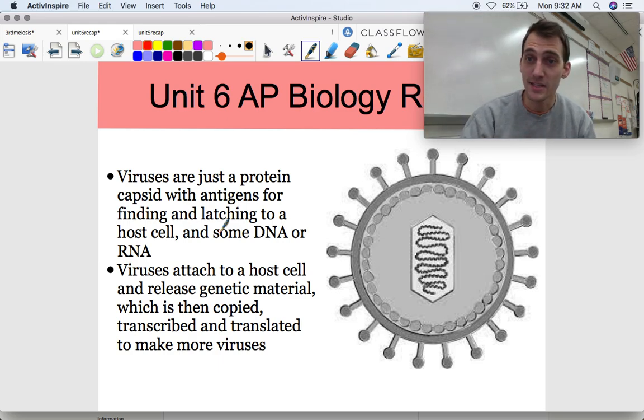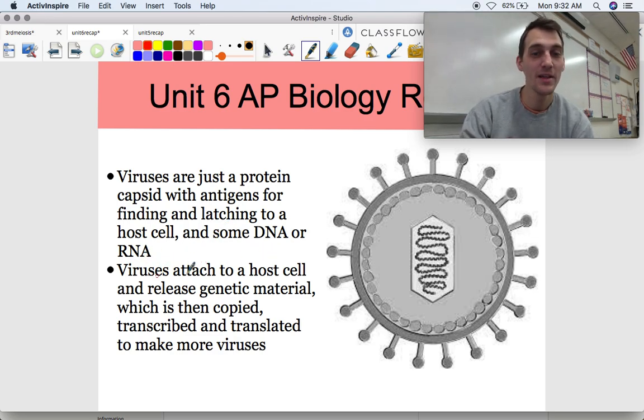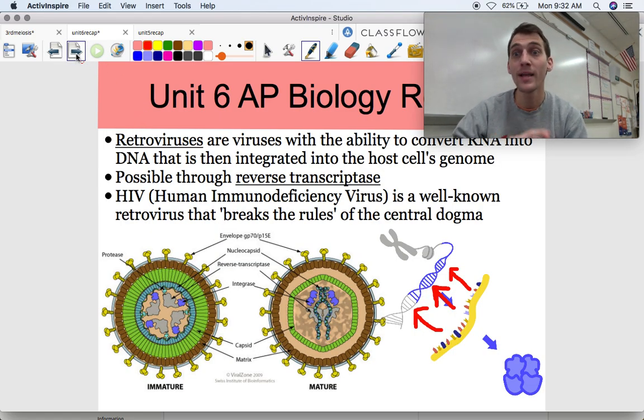And it tells the cell to copy that DNA and express its genes to make more viral proteins and produce more viral DNA so that it can make more viruses. Yay! Sickness! Viruses attach to a host cell and release genetic material, which is then copied, transcribed, and translated to make more viruses. So everything that we've talked about so far, replication, transcription, translation, a virus does those, or I shouldn't say that, a virus makes a cell do those to make more viruses.